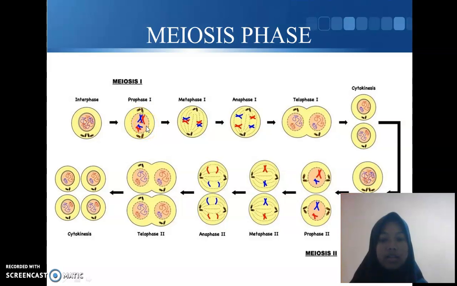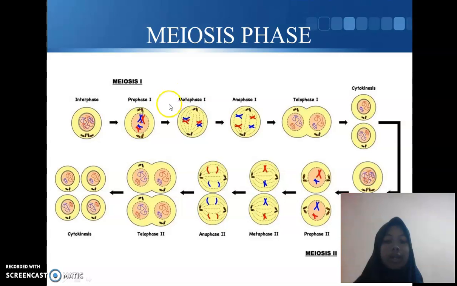The centrioles divide and move to opposite poles of the cell. The bivalents duplicate to form tetrads, or four-chromatid groups. The nuclear membrane disintegrates, crossing over, recombination occurs.